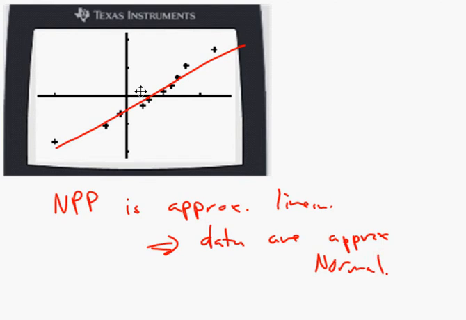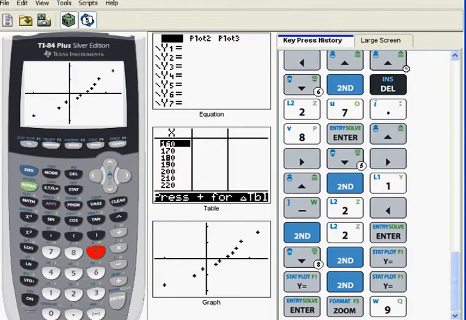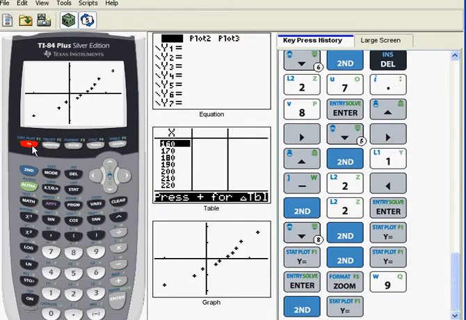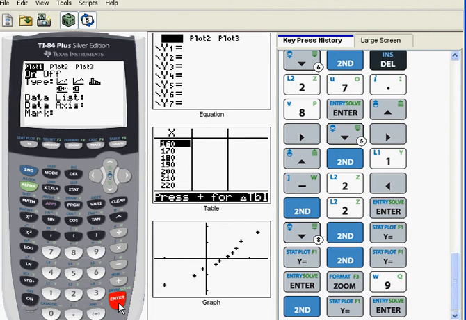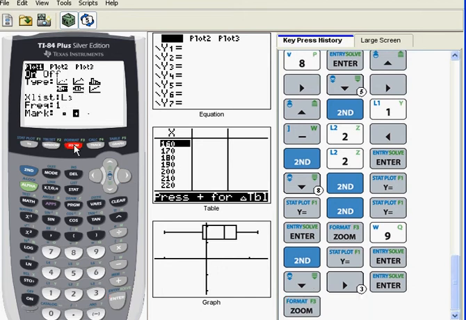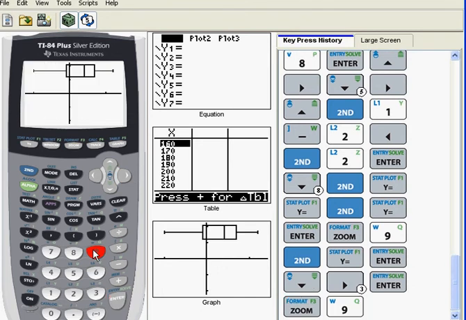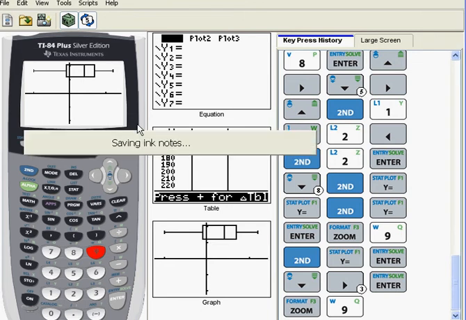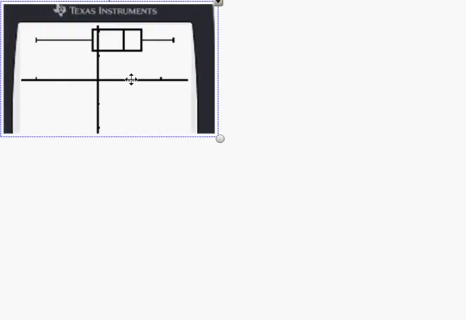Now we should go and check a box and whisker plot and hope that we don't have any strong skewness or anything like that. So hopefully that'll happen. So we're going to go second y equals again, and we're going to select the 4th type of graph, which is a modified box plot. It will show us outliers if we need them. Here we go. Zoom 9. All right. It's not perfect. I would call that moderate or weak skewness.